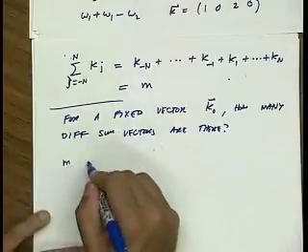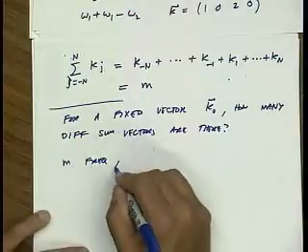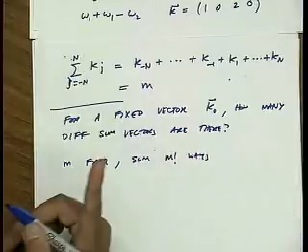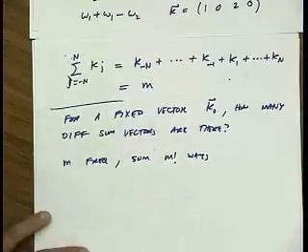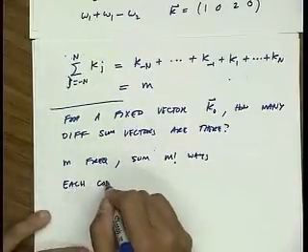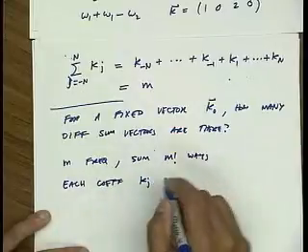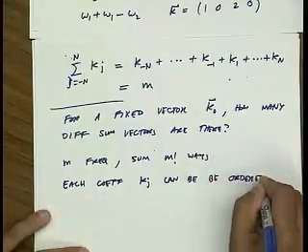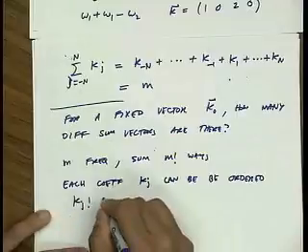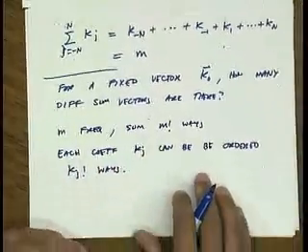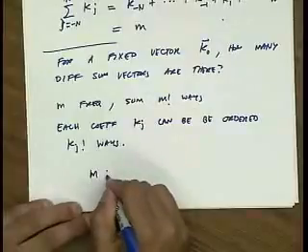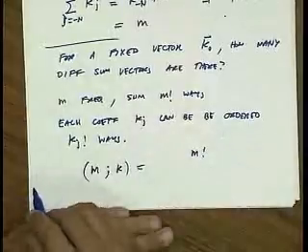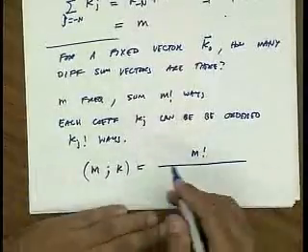So I know that if I have m frequencies, right, I can sum them m factorial ways. But the order is not important, right? So we need to get rid of the order. So each coefficient kj can be ordered kj factorial different ways. So the total number is the multinomial coefficient m factorial. That's the total number that I can sum. And then I have to divide by the various ways I can order.